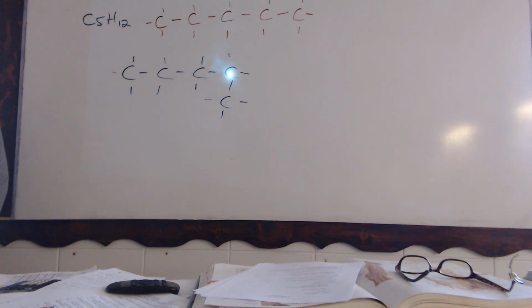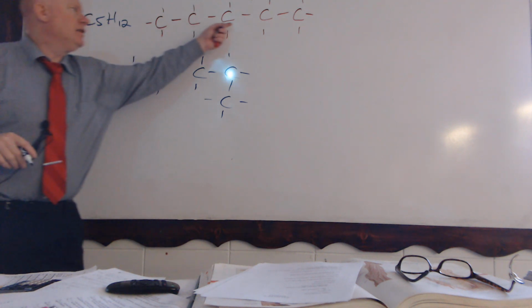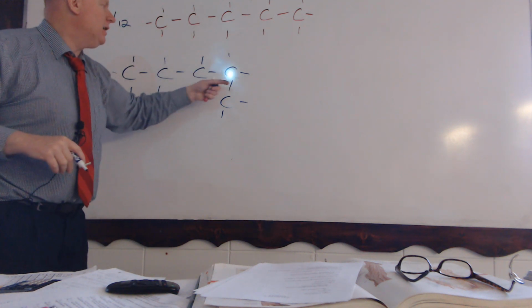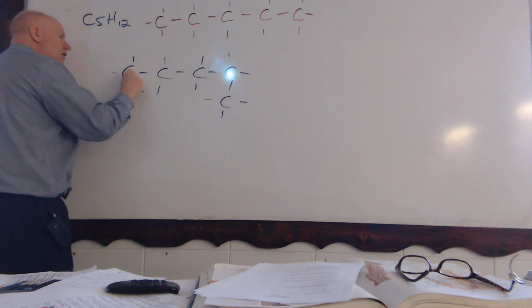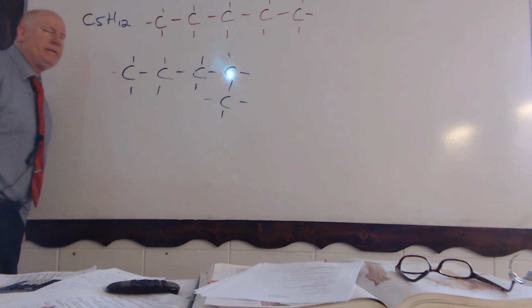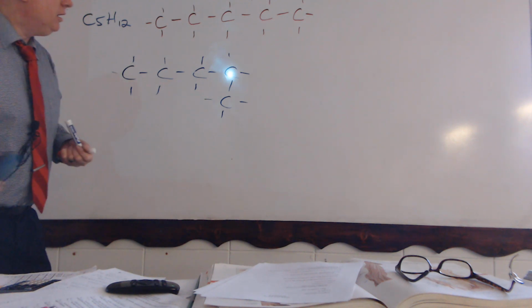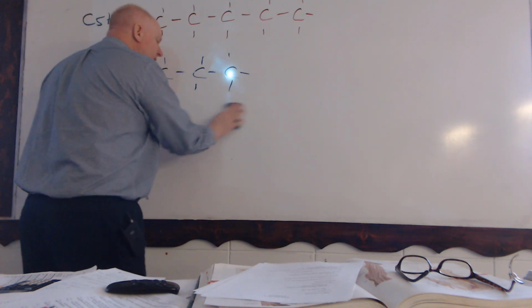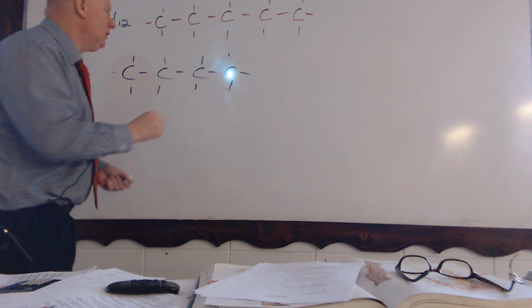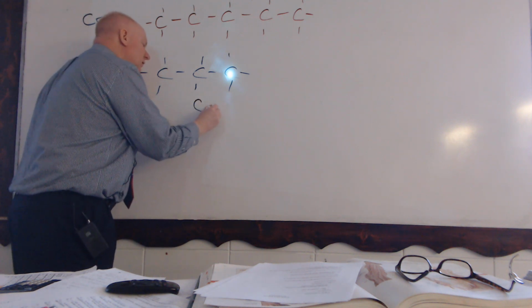No, it is not, because it's just bent. This is a straight chain. This is just bent. Your longest continuous chain is still 5. Now say that carbon was on the second one. If we move this over 1, then this is an isomer.